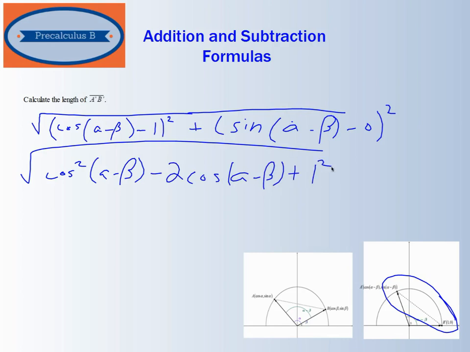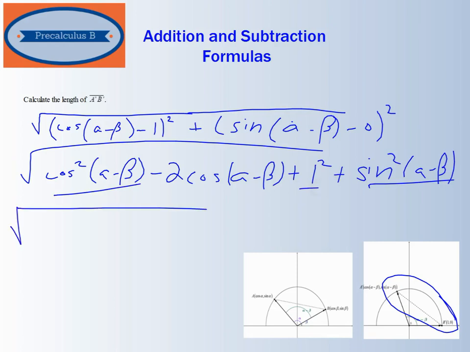That's everything from the left. Plus then, because of the 0, this becomes very simple: sine squared alpha minus beta. All right, we have the cosine squared and the sine squared. That's just going to be 1. We have 1 squared. That's just going to be 1. So we're now left with the square root of 2 minus 2 cosine of alpha minus beta.